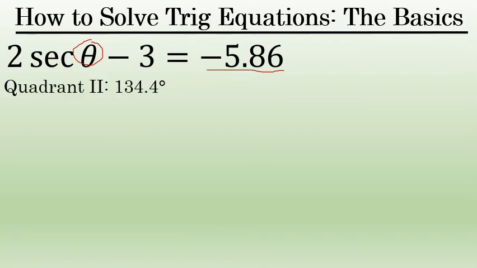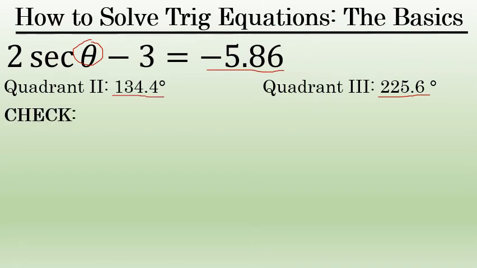My quadrant 2 solution was 134.4 degrees. Again, my quadrant 3 solution was 225.6 degrees. Let's first check 134.4, by substituting it into the original equation. Do 2 times the secant of 134.4 minus 3. I want to make sure that that's negative 5.86.